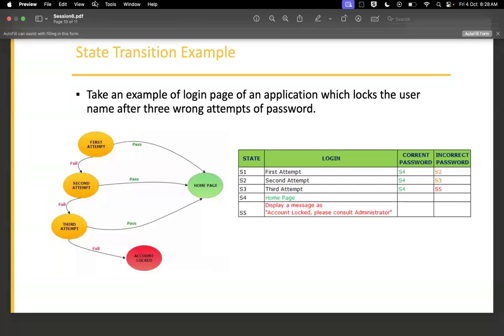And if all three attempts fail, then your account might get locked, guys. That's how it is designed. So in the state transition diagram, you need to be very sure about which state you are in, so you can write the respective test cases based on what the next state of the application would be.